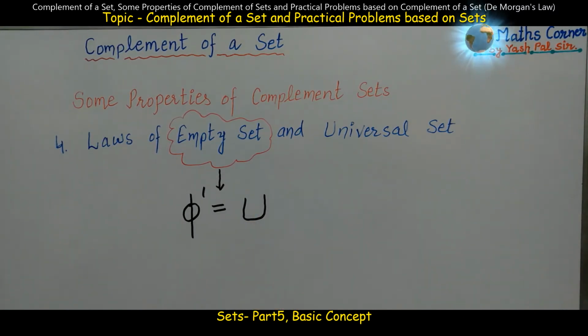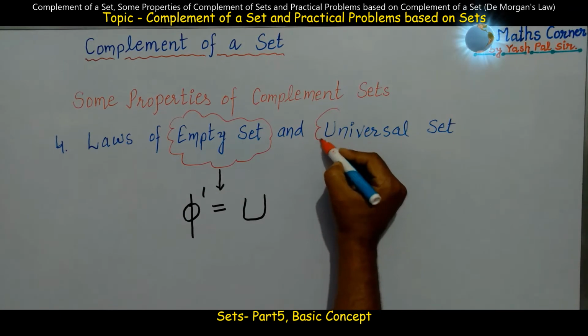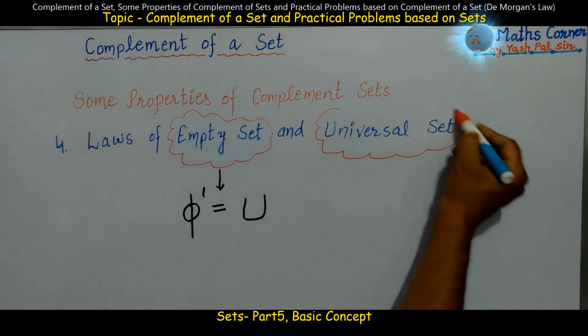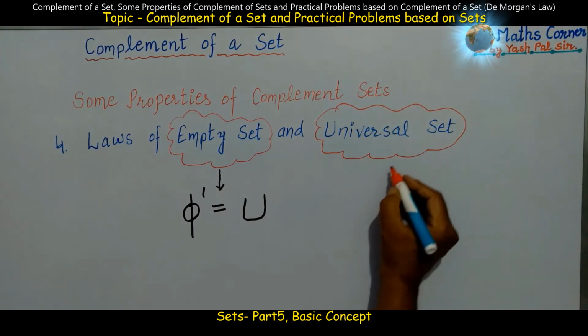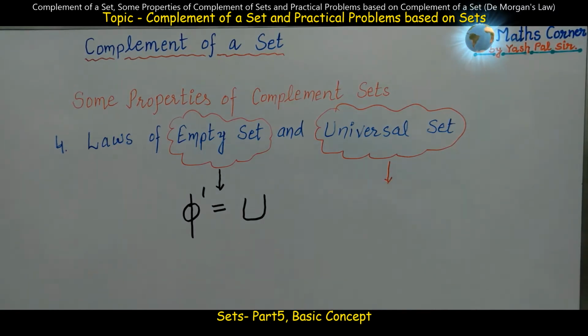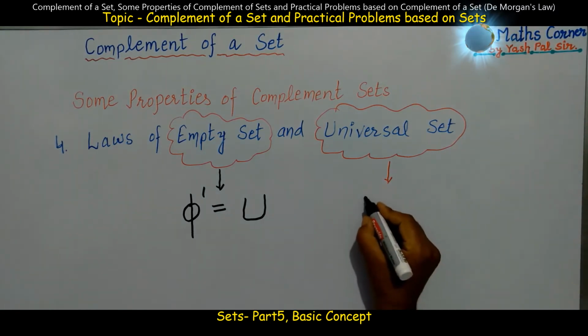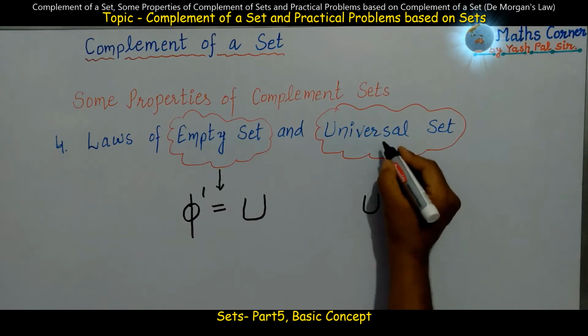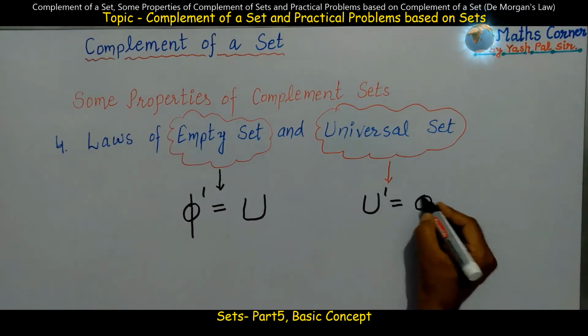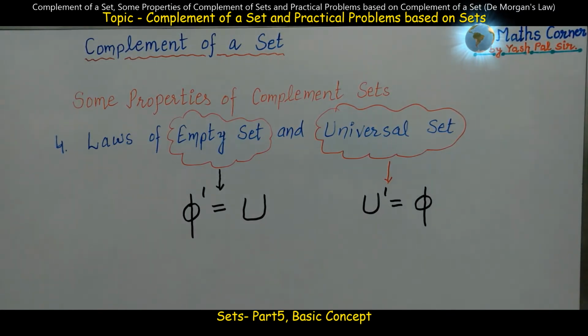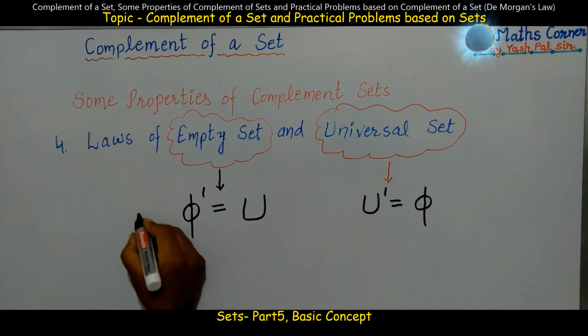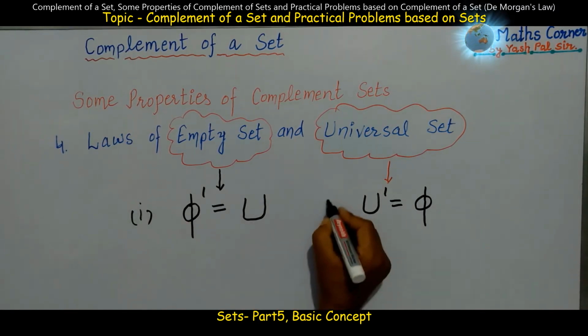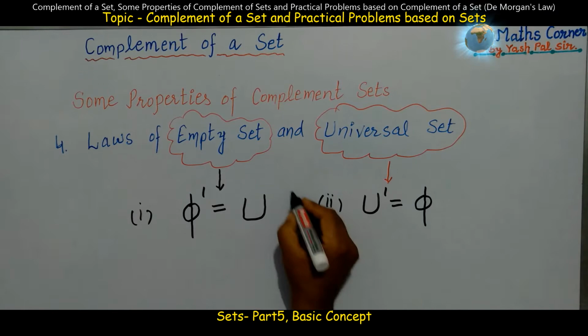Likewise, if we take the universal set, the complement of the universal set is equal to the empty set itself. So these are the laws. This is number 1 and this is number 2.